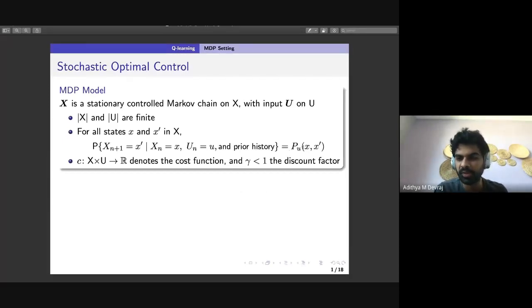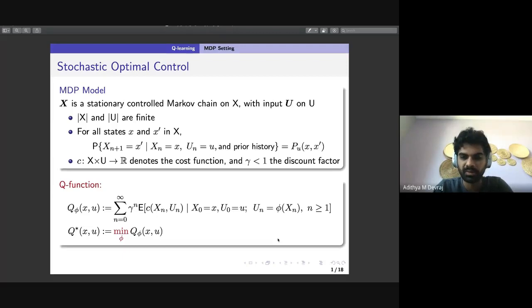We'll denote P_U to be the transition probability matrix conditioned on the current action being U. That is, given the current state is X and you take an action U, the probability of ending up in state X prime is given by P_U of X prime. We'll denote C to be the cost function that maps from state-action pairs to a real number. And we'll denote gamma to be the discount factor.